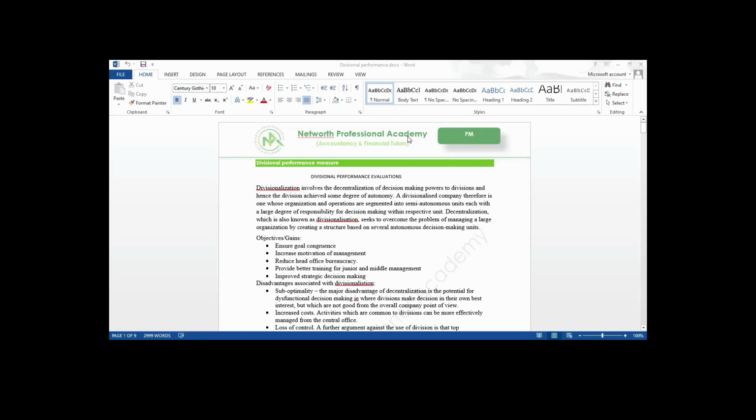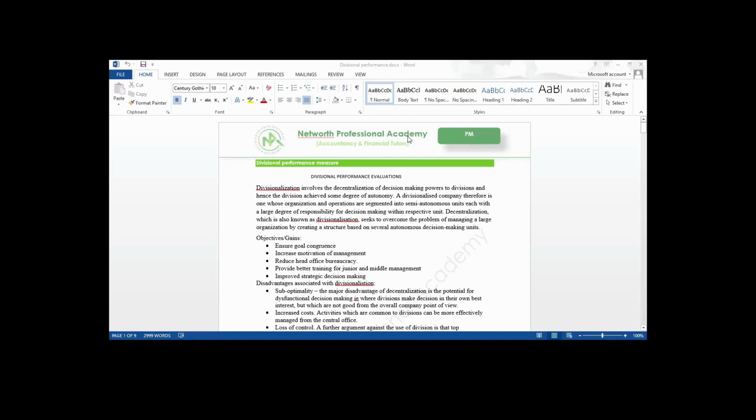There's just one company, Dangote Group. Each division must work towards the objective of the parent company to ensure congruence.